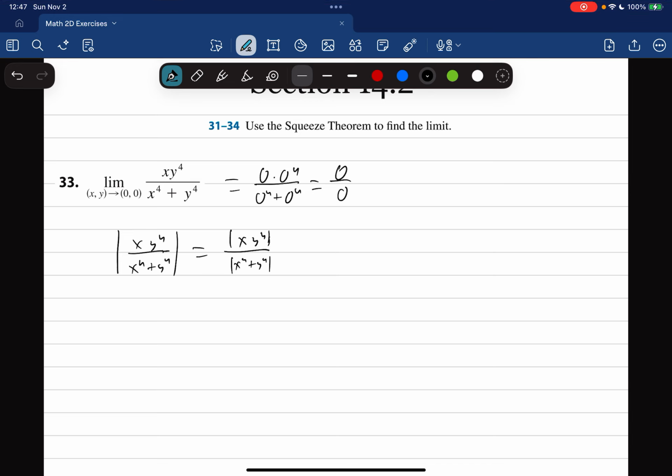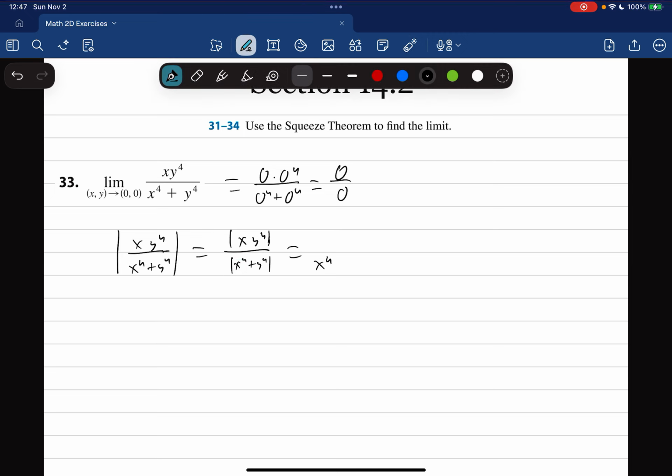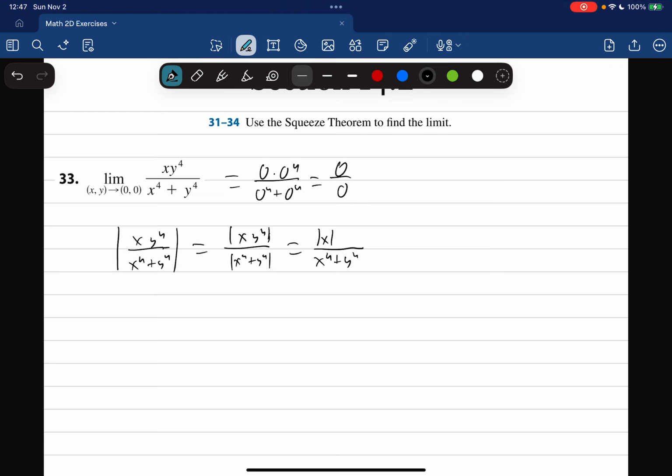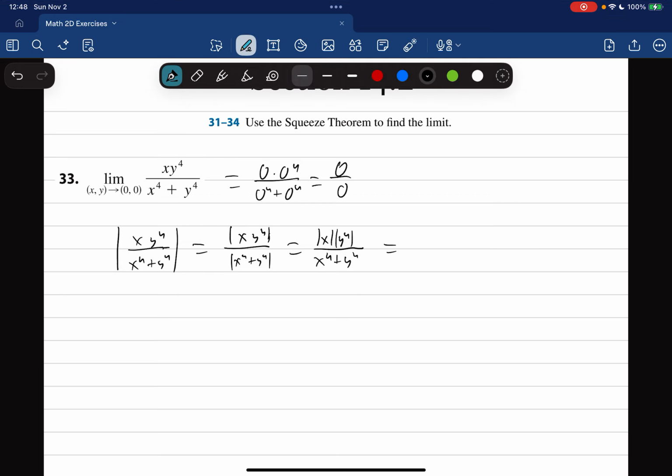I think that's the word for the top, the dividend. I forgot. And noting that the bottom is positive, this is just x to the fourth plus y to the fourth. Again, because x to the fourth plus y to the fourth is always at least 0. And the numerator, by multiplicativity of the absolute value, will be absolute x times absolute y to the fourth. And again, this term right here is positive, so this is just absolute x y to the fourth all over x to the fourth plus y to the fourth.